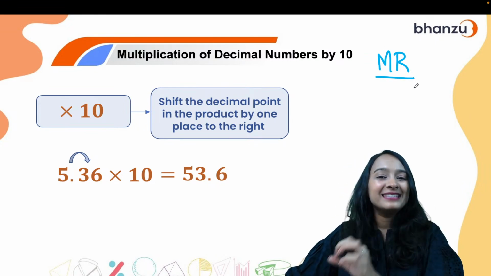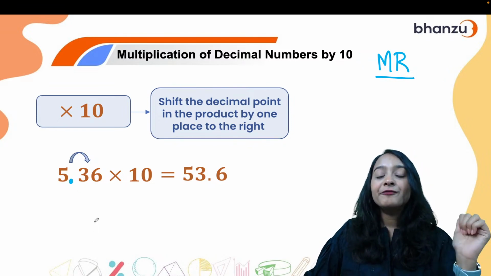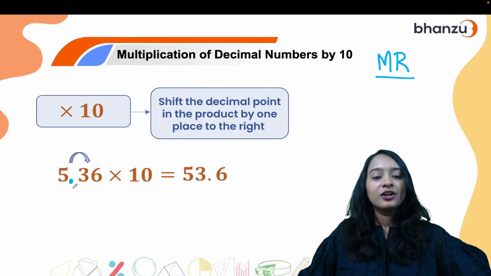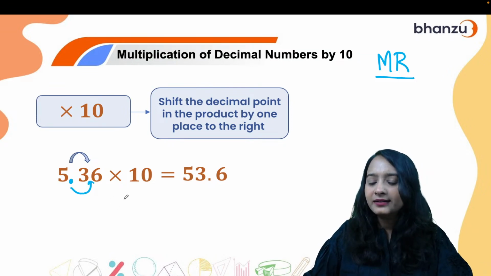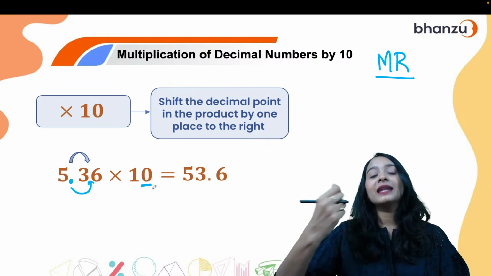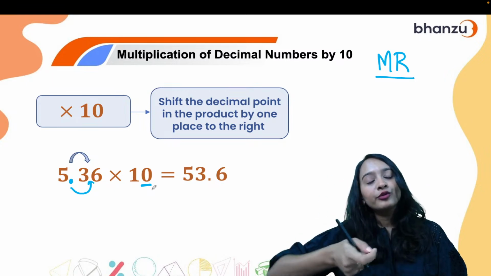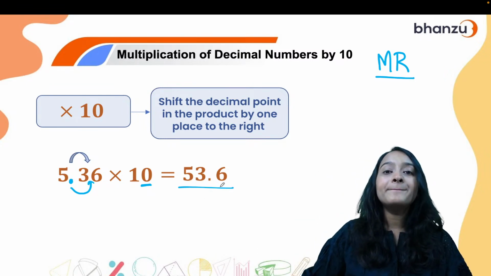So here we have a decimal point, and we have to move it to the right side. We move one digit and place the point. Why only one digit here? Because 10 has only one zero. So depending upon the number of zeros, you have to move the decimal towards the right side. So the answer is going to be 53.6.